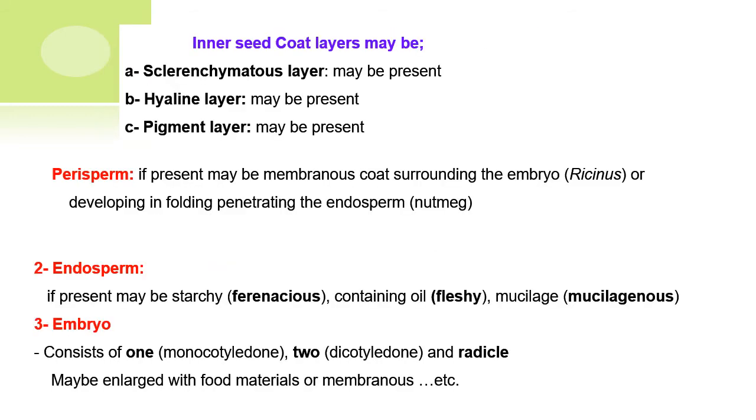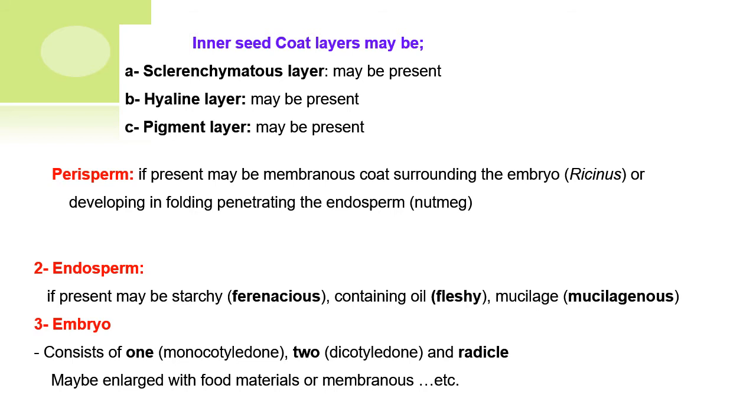The inner seed coat, or inner part of the testa, may be formed of a sclerenchyma layer, or hyaline layer, or nutritive layer, which contains reserve food material and is exhausted, leaving collapsed cells, and containing the pigment layer, giving the seed its characteristic color. In addition, some seeds have a perisperm, which is a membranous coat surrounding the embryo.